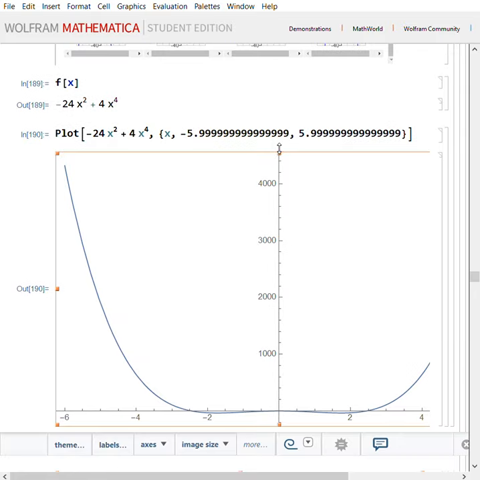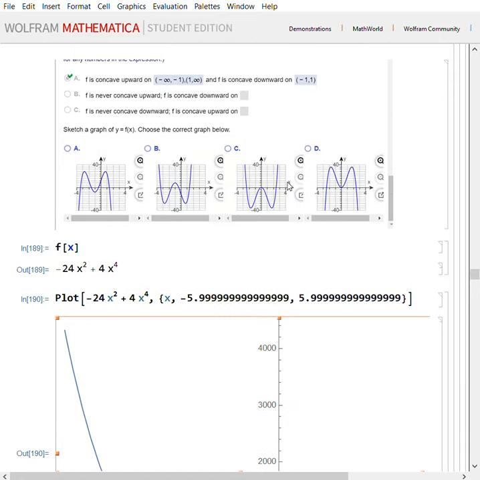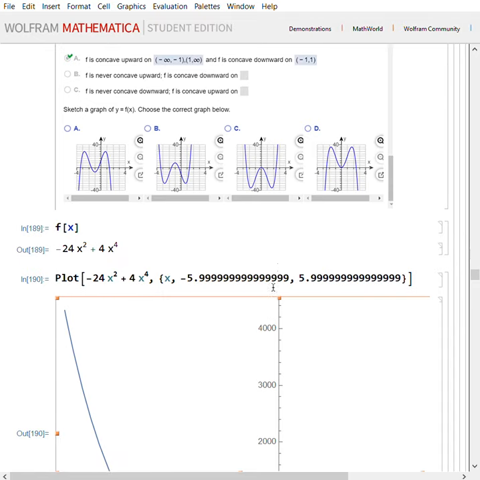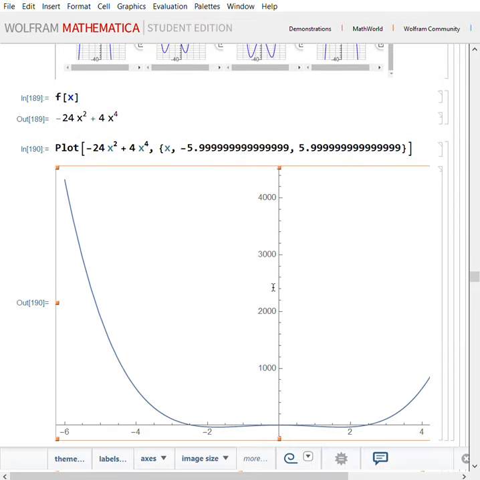That's just because Mathematica put an incredibly large range on this plot of 4,000 versus where my assignment put a range of 40, which is more fit and shows you the concavity better.